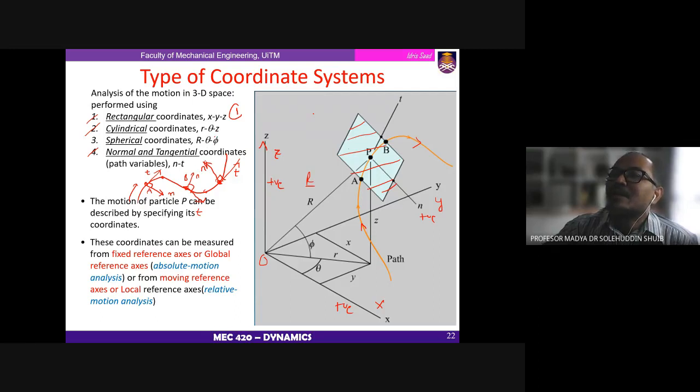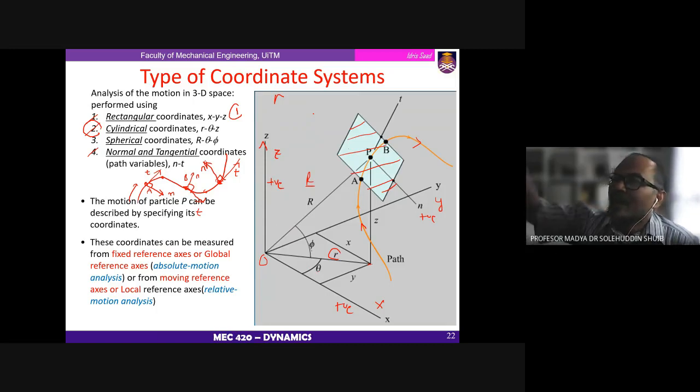Then we talk about the cylindrical coordinate system. Watch out here, it involves R. Now I'm talking about cylindrical coordinates: we have small r, from here to here. And what else? Theta. Where is theta?